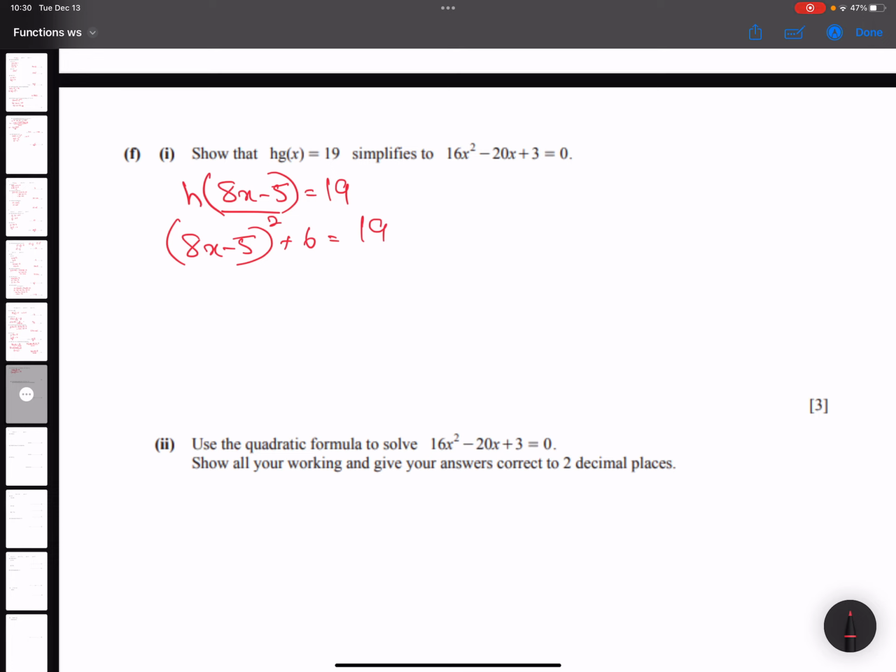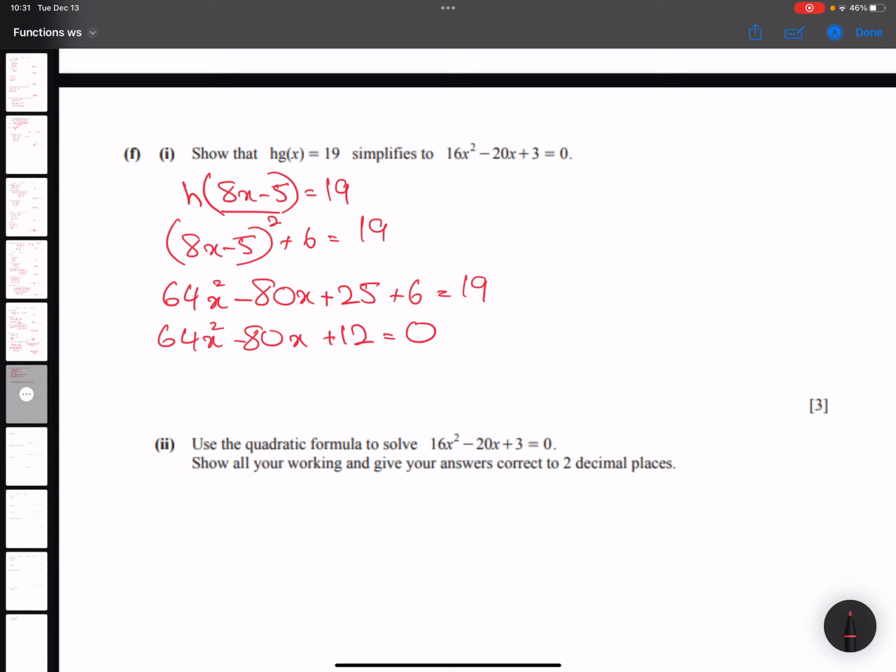Then expanding this would give me 64x squared minus 80x plus 25 plus 6 equals 19. 64x squared minus 80x, then I'm going to simplify. 25 plus 6 minus 19 is 12.